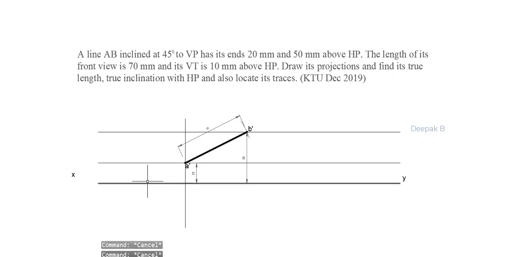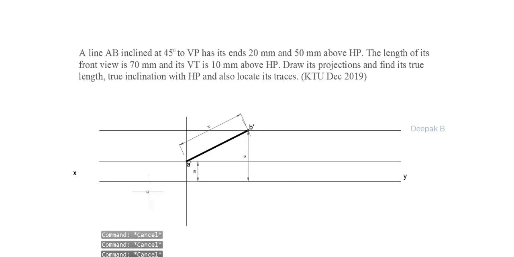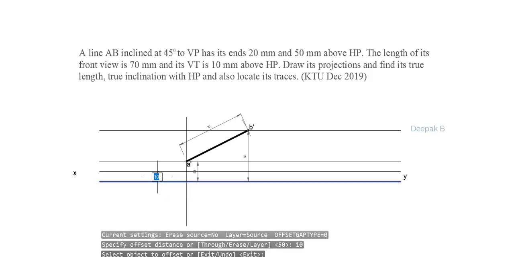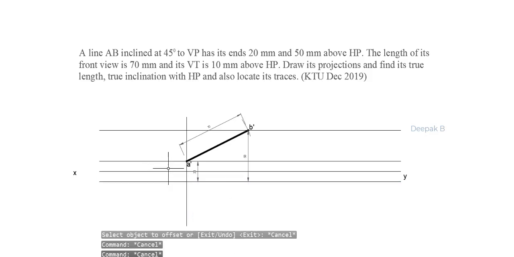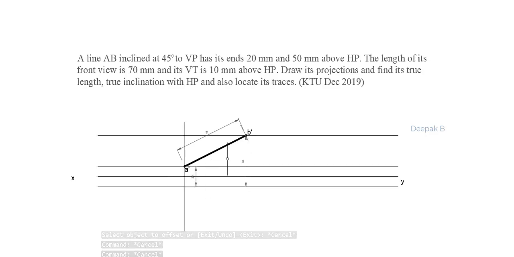So let's draw another reference line so that we could find out the location of the vertical trace. So 10 millimeter above HP. So I'm going to draw a reference line at a distance of 10 millimeter above XY line. Okay, so VT is somewhere on this line. So what else do we know about VT?